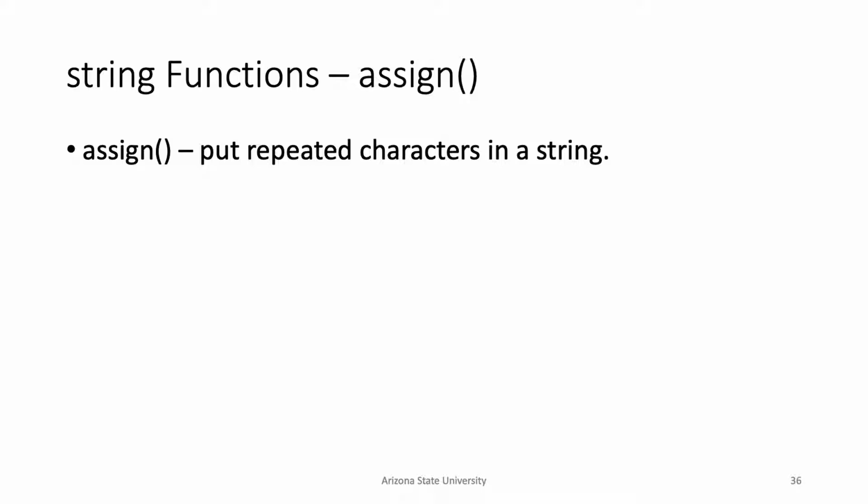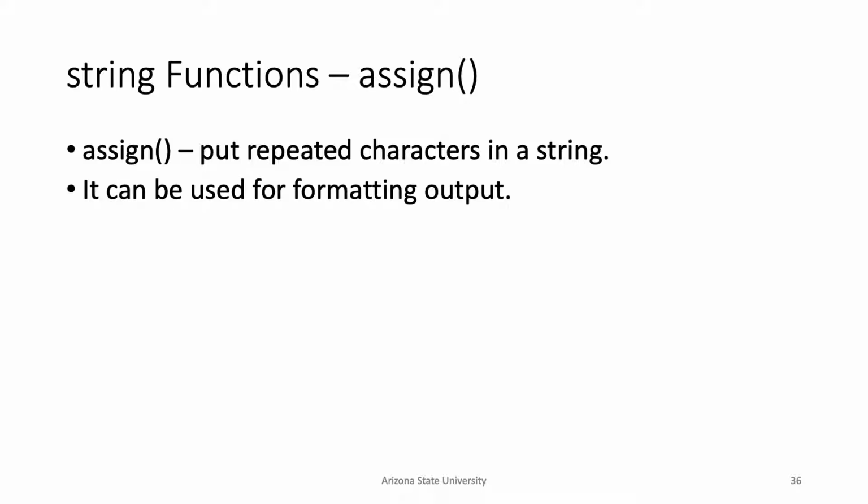So if you want to, for example, print a menu, say for assignment 2, one of the things that you'll do is print a line of either equal signs or dashes, I don't know which, but you're going to enter a whole bunch of dashes in a row. Well, you could just say cout dash, dash, dash, all in one string if you wanted to. But if you wanted to put that into a string, it might be kind of weird to do that.